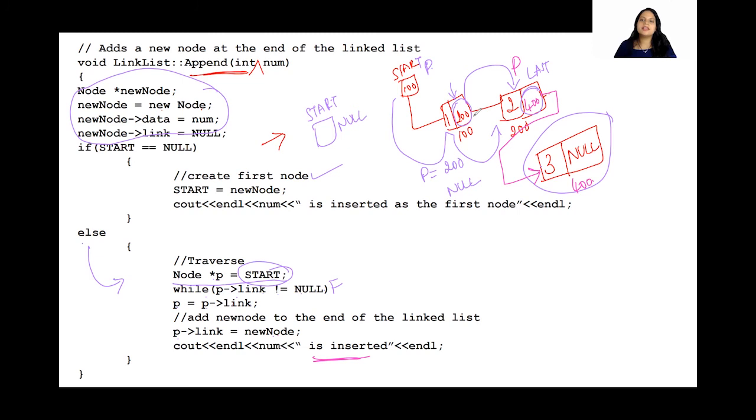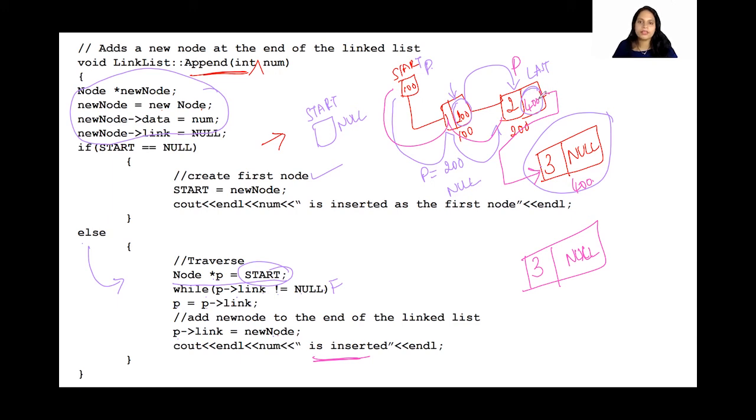I hope this is clear to you all. So what did we do? Initially, we created a new node using these 4 codes. Then I added the data value here. Then I said the link is equal to null. So once my node is ready, I'm going to go to my linked list and start looking for the last node. I'm going to traverse it and look for the last node.